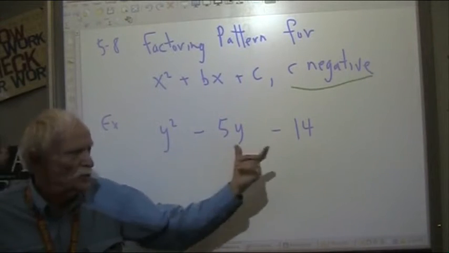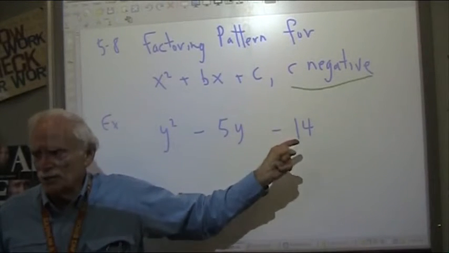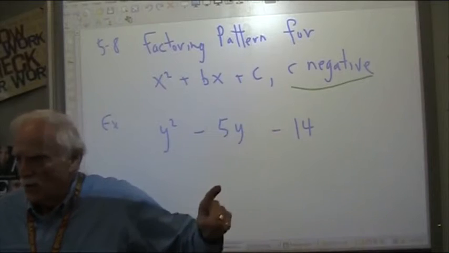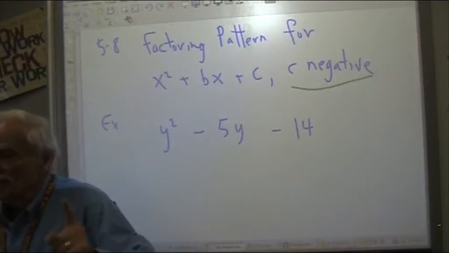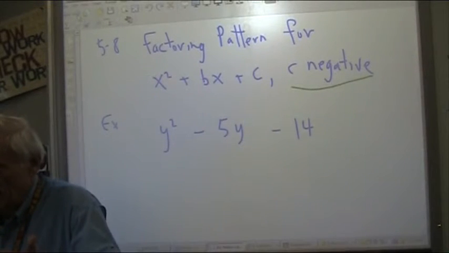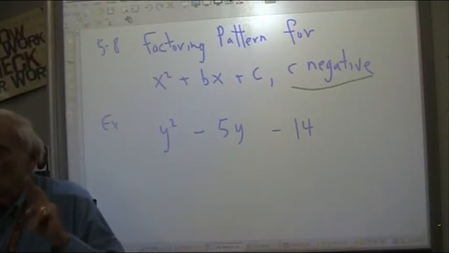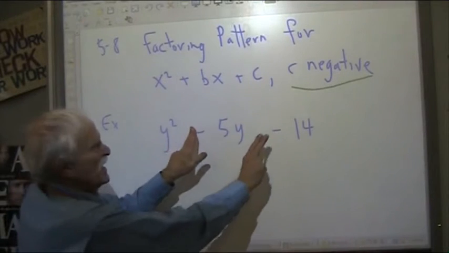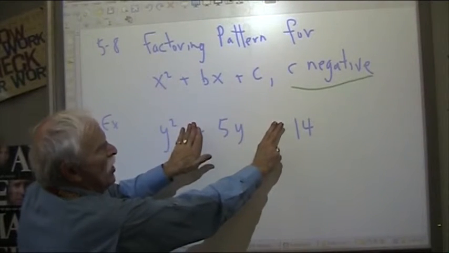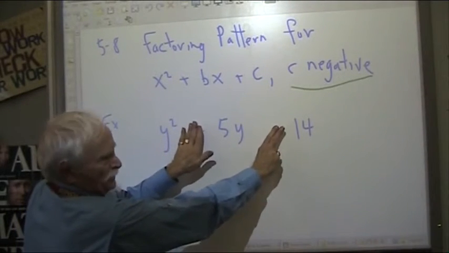For this process, as soon as you see a negative on the constant term, you know that you're going to be subtracting the factors, right? So what we do is we cover up the signs of the constant term and the middle term.